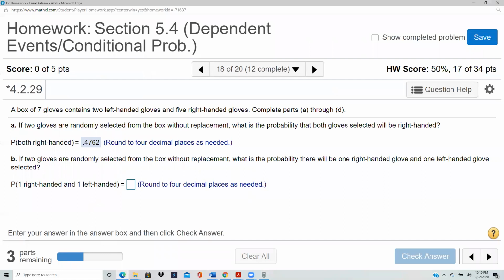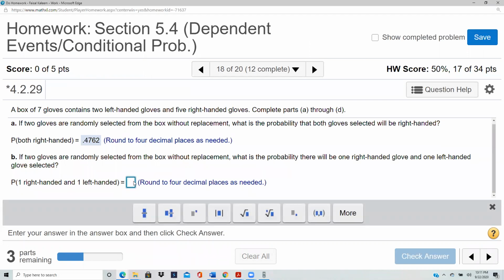If two gloves are randomly selected without replacement, what's the probability there'll be one right-handed and one left-handed? If you do first right-handed and second left-handed, the first right-handed will be 5 right-handed out of 7.